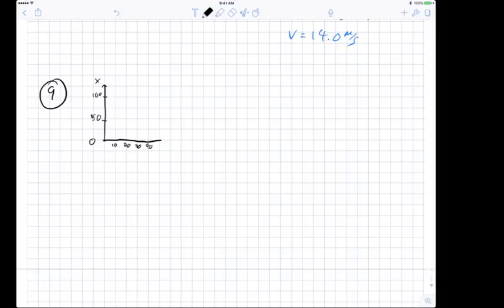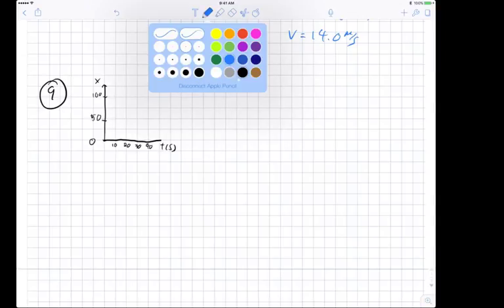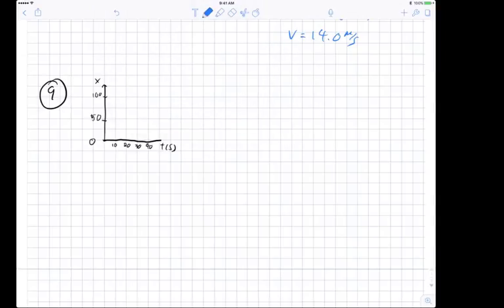T in seconds. And here's what the graph looks like to the best of my abilities. It starts here, and in 20 seconds it makes it up to 100. And it stays at 100 for 1 second. And then in the next one it comes all the way down like that.